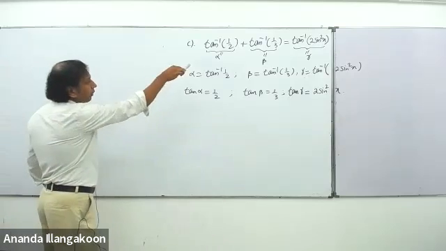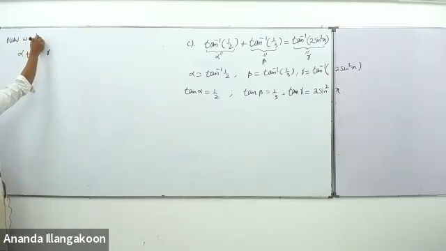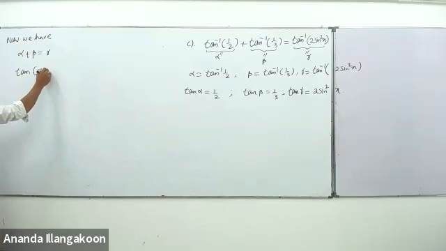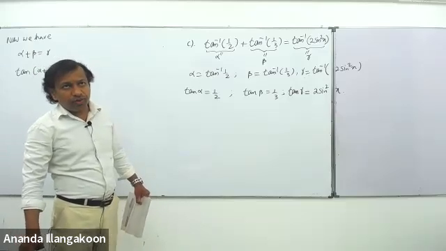The given equation we can write as alpha plus beta equals gamma. Take tan: tan of alpha plus beta equals tan gamma. Expand this tan of alpha plus beta using tan A plus B. Tan A plus B, how to expand, people?